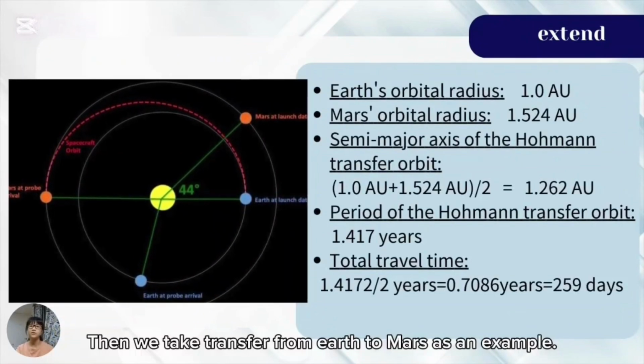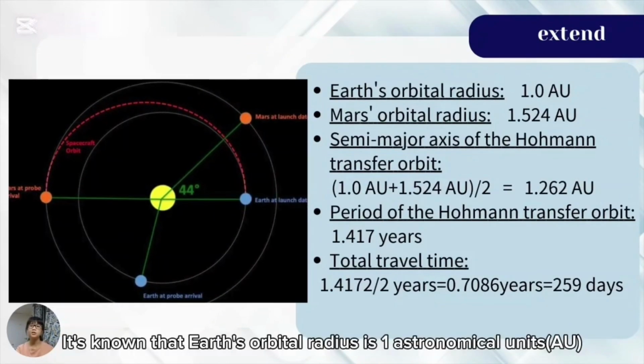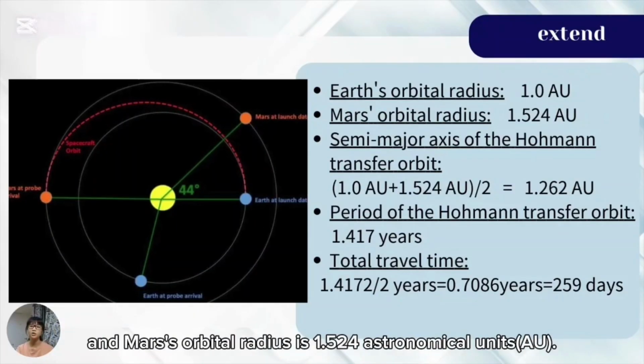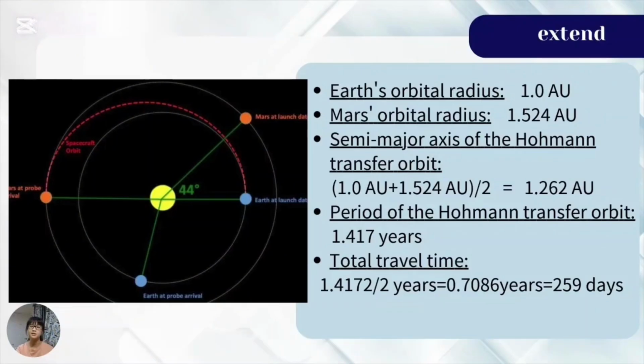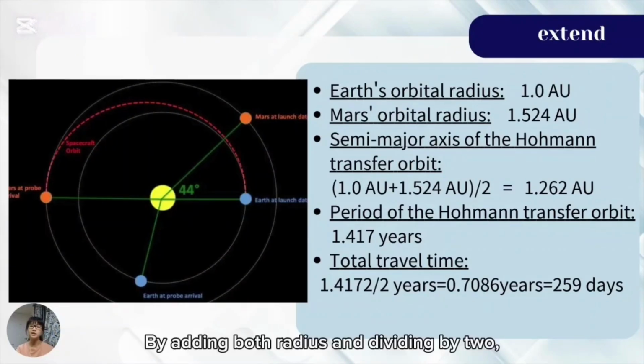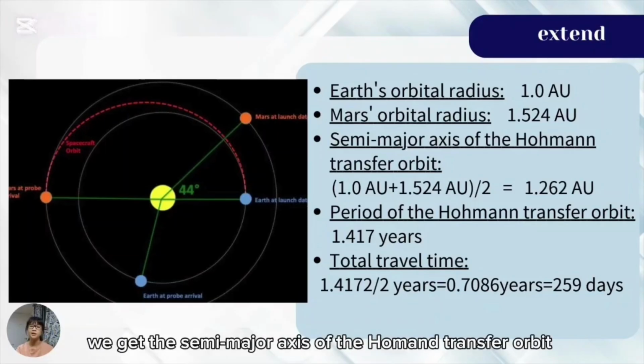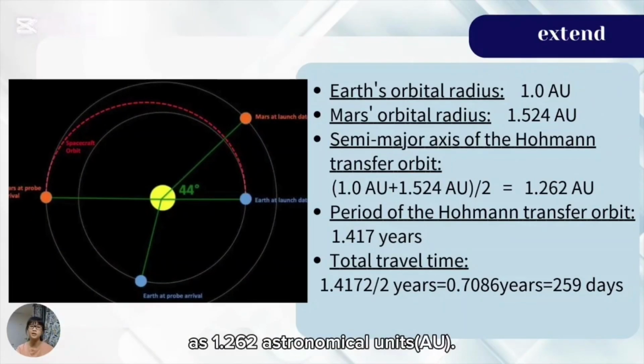Then we take the transfer from Earth to Mars as an example. It is known that Earth's orbital radius is 1 astronomical unit, and Mars' orbital radius is 1.524 astronomical units. By adding both radii and dividing by 2, we get the semi-major axis of the Hohmann transfer orbit as 1.262 astronomical units.